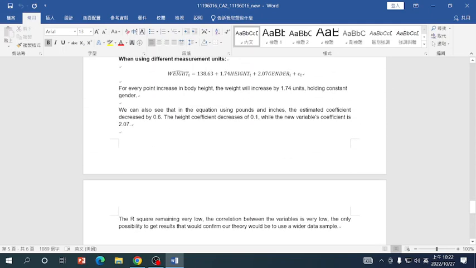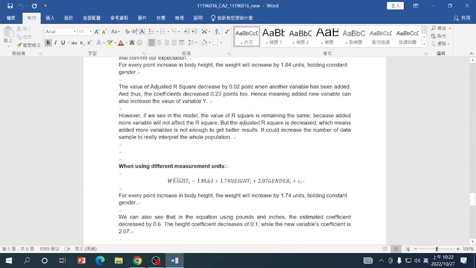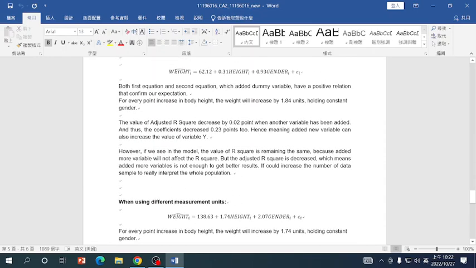Wait, just a second. Go back. Use that equation and explain the meaning of the coefficient again. Which coefficient? So about the gender? Both. So the height, if the height increased by 1 inch, I'm not really sure. Actually, I should check for you guys. I'm very sorry about the measurement units.